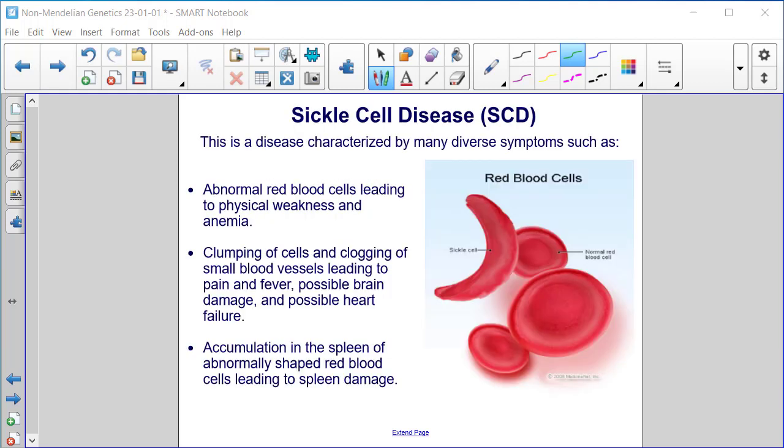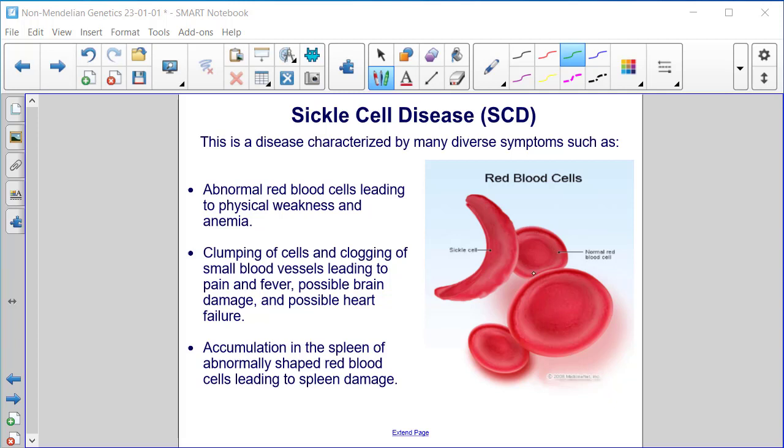Sickle cell disease, or SCD, is a disease characterized by many diverse symptoms, such as abnormal red blood cells leading to physical weakness and anemia, clumping of cells and clogging of small blood vessels leading to pain and fever, possible brain damage, and possible heart damage, and accumulation in the spleen of abnormally shaped red blood cells leading to spleen damage.